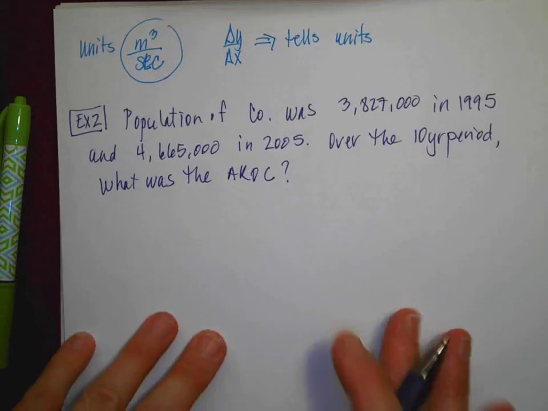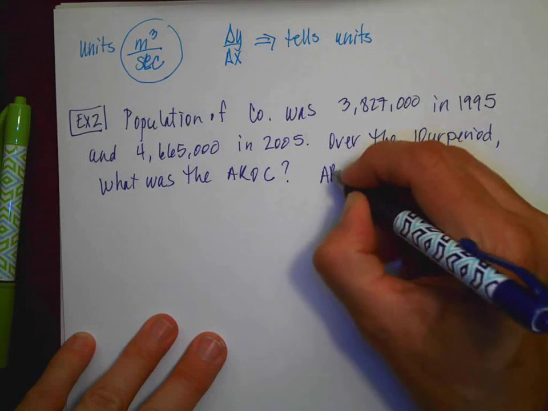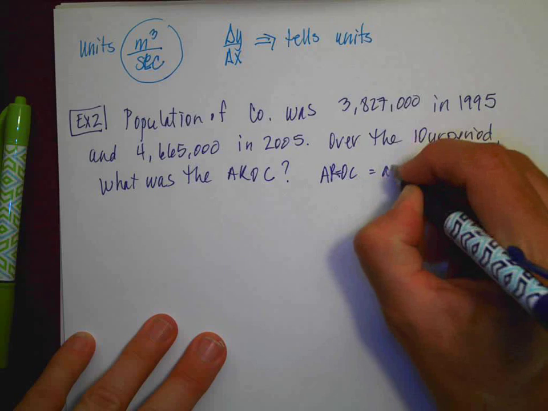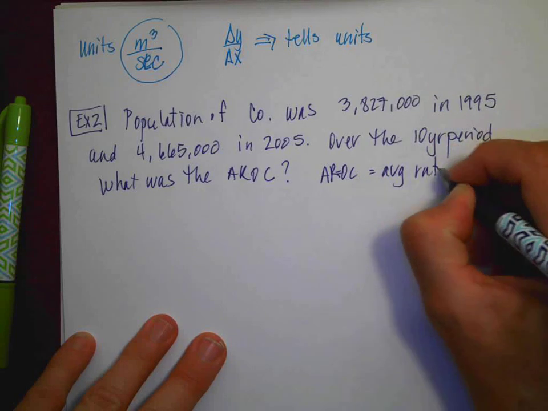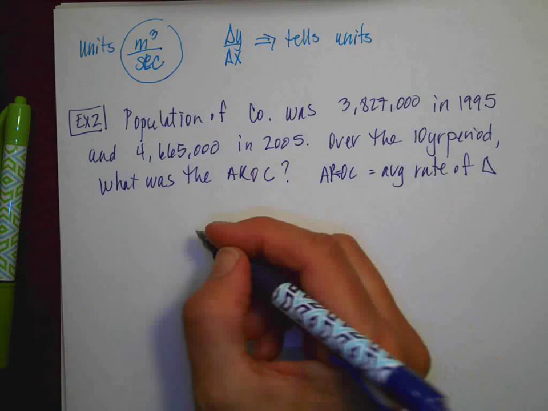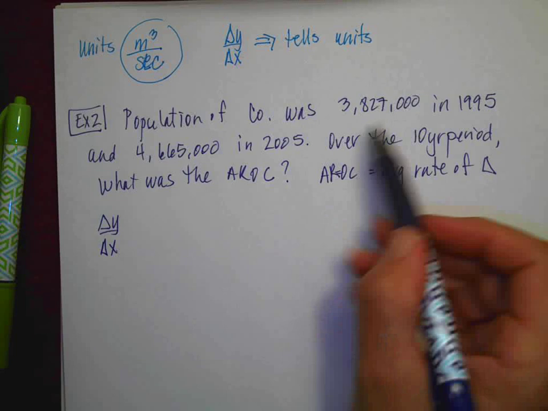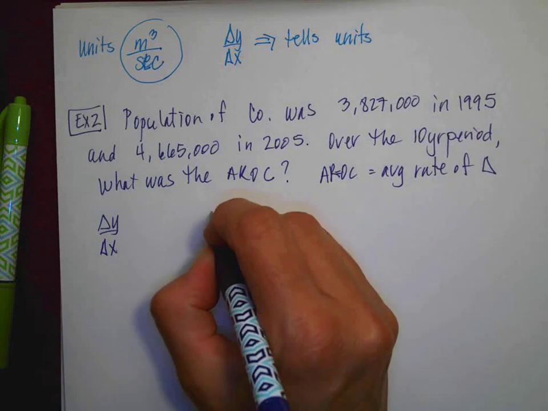And that's our task. So the average rate of change, AROC, is equal to the average rate of change. Gotta love math symbols. So it's still just going to be delta y over delta x, but I'm going to take my data.